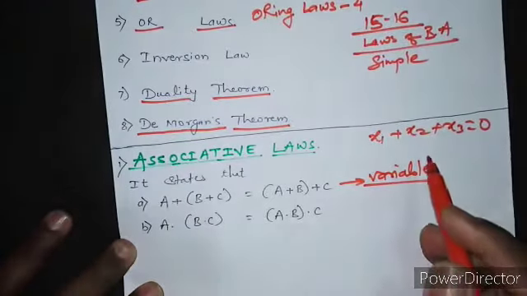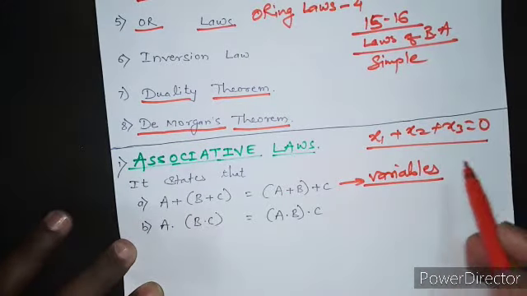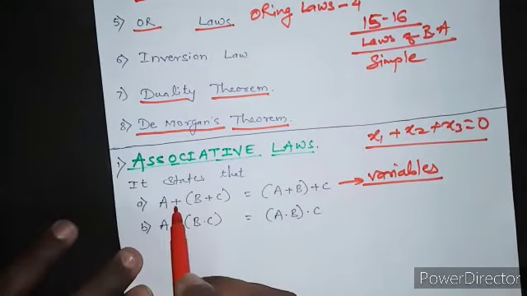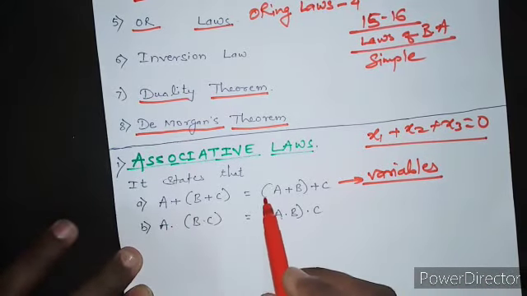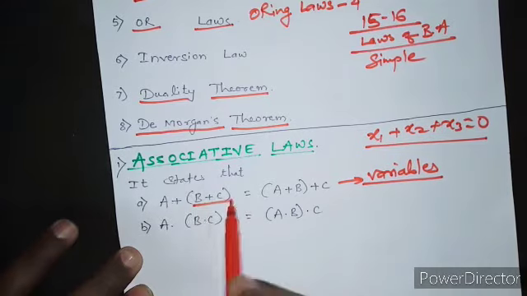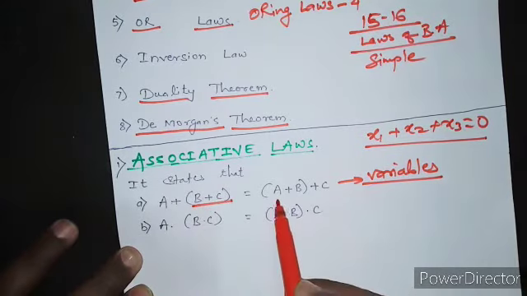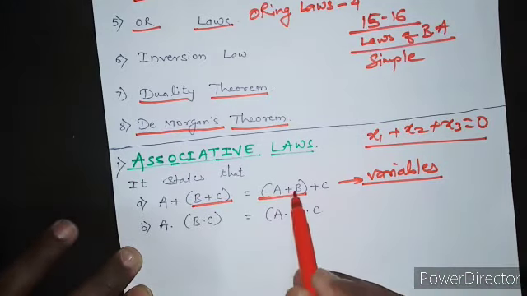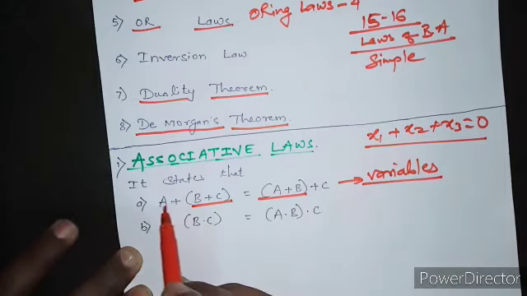So these are called variables. Similarly here also we have these variables. Now A plus (B plus C) is equal to (A plus B) plus C.